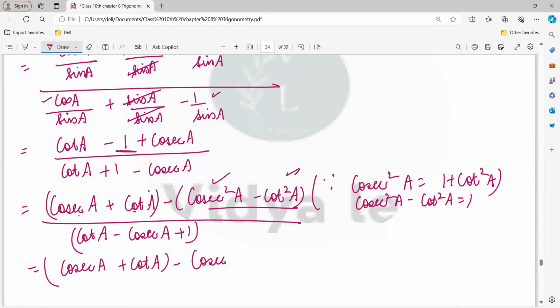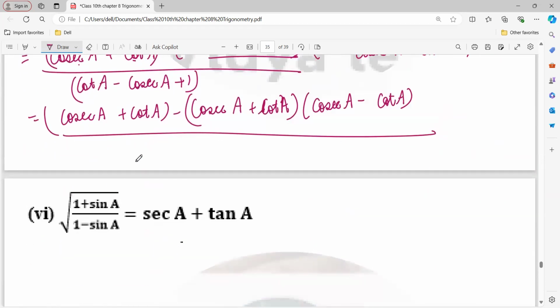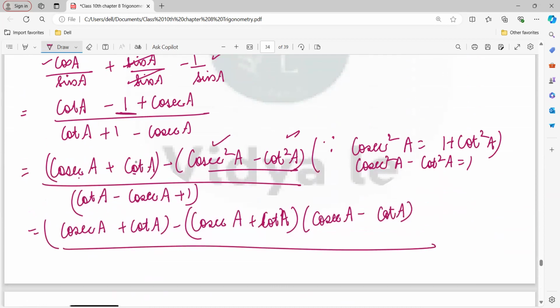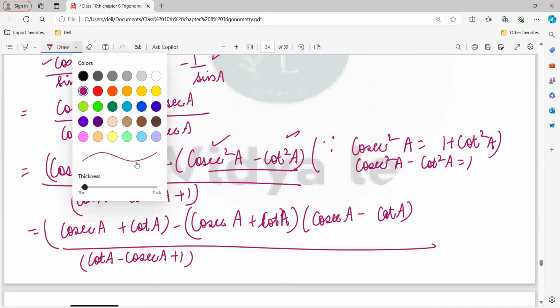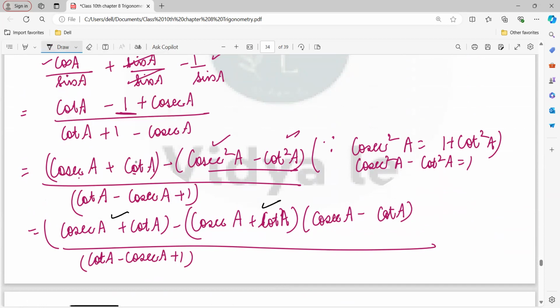Let's write it as A plus B into A minus B, right? And in the denominator we have cot A minus cosecant A plus 1. Now, from these two terms, we can take a common factor.